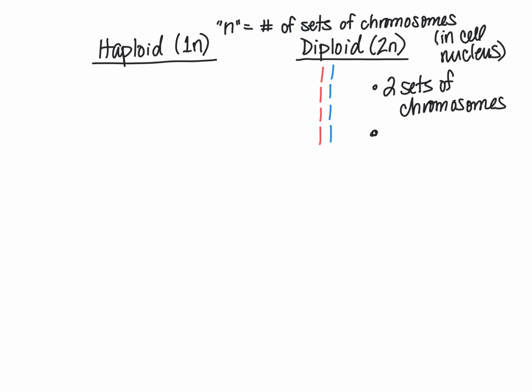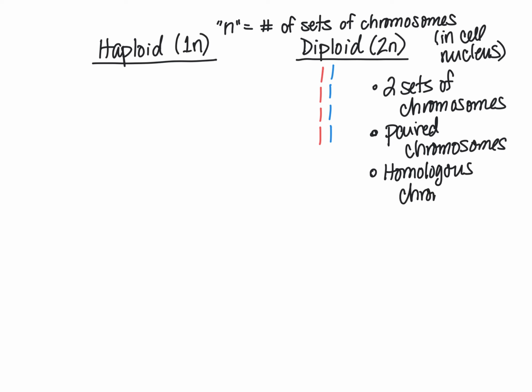We can say that there are paired chromosomes. And the chromosomes in the pair are known as homologous chromosomes. So this would be a pair of homologous chromosomes.